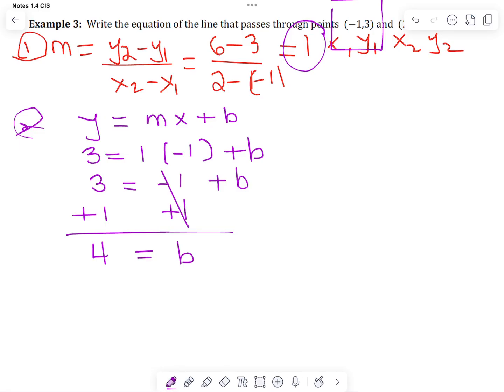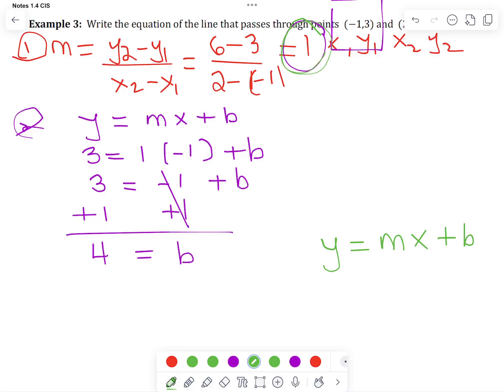So now I can write my equation in slope-intercept form. So here's my m, which is 1, and my b, which is 4. So y equals 1x plus 4, or y equals x plus 4.